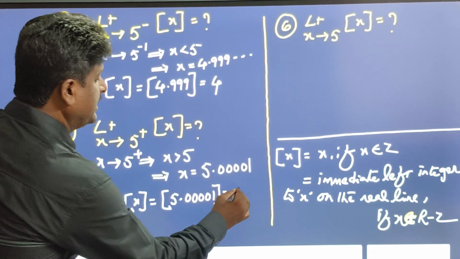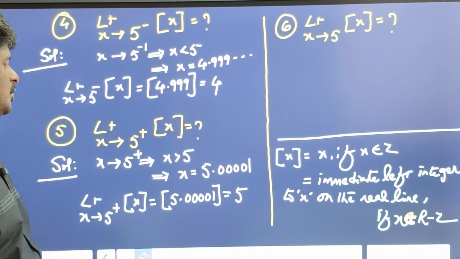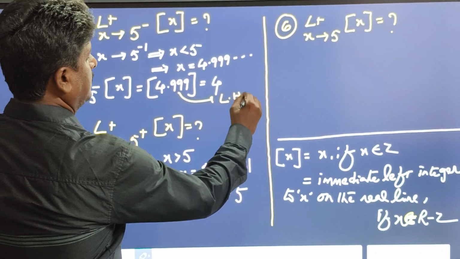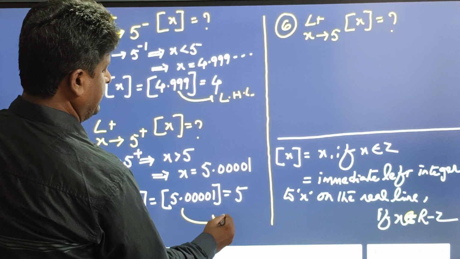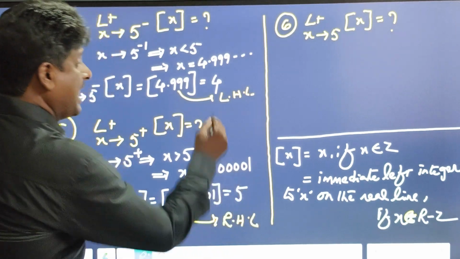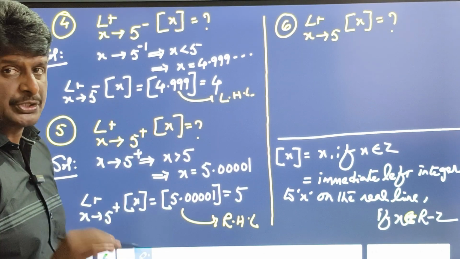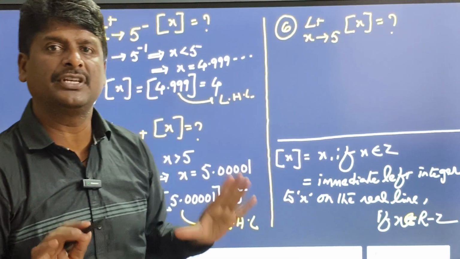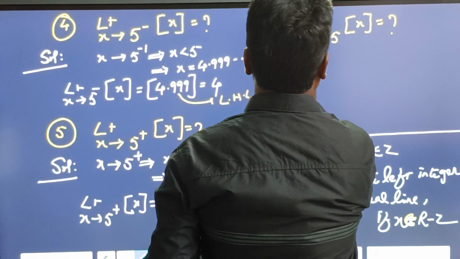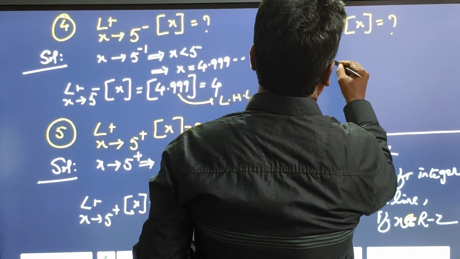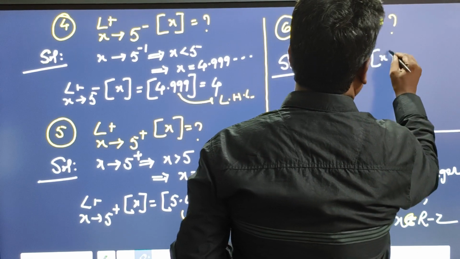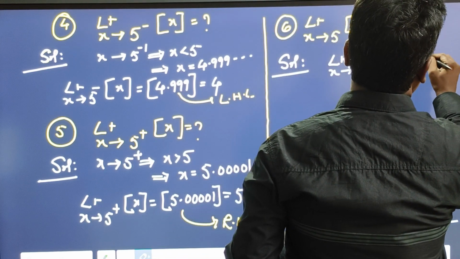Its immediate left side integer is 5. This is the left hand limit, this is the right hand limit. As the left hand limit is not equal to the right hand limit, the limit of the function at 5 does not exist. So limit x tends to 5 step x does not exist.